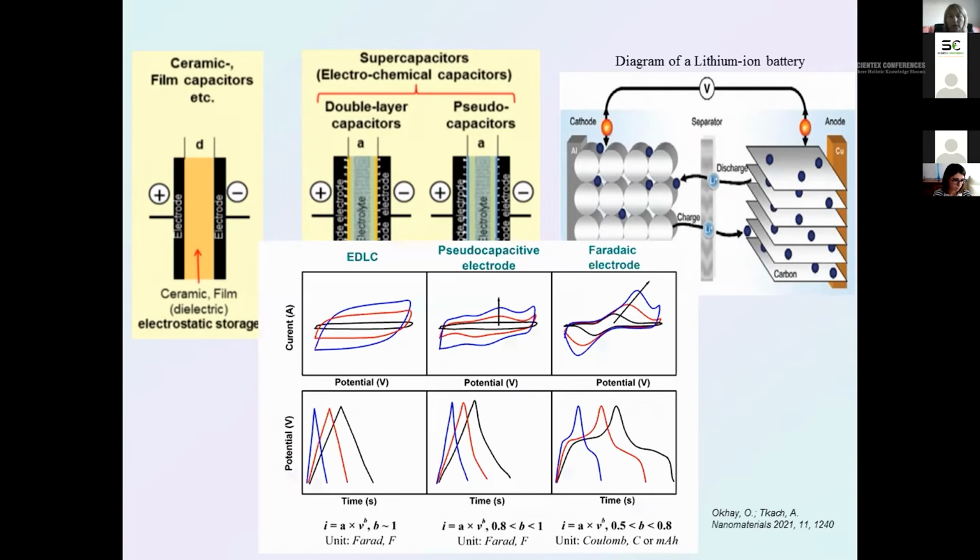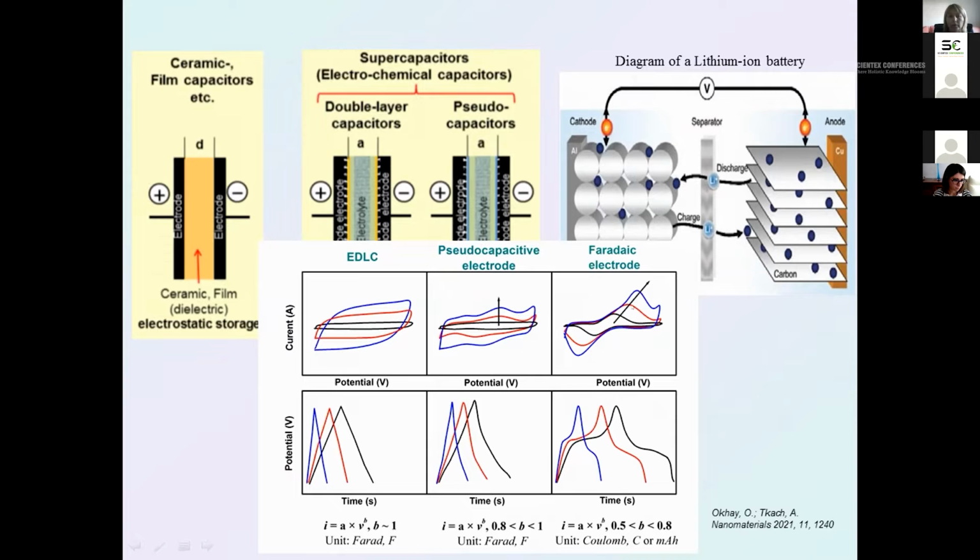And if we look at the main characteristic for this device, electric double layer capacitors can show an almost rectangular shape in cyclic voltammetry. In the case of pseudocapacitors, we have some additional pseudocapacity on the top of the surface of the electrode.